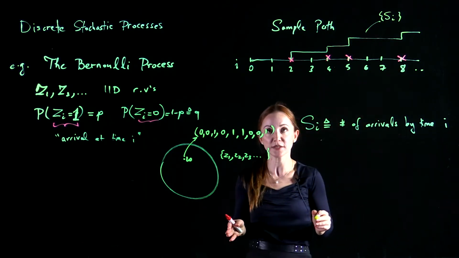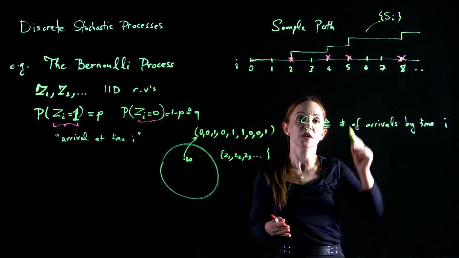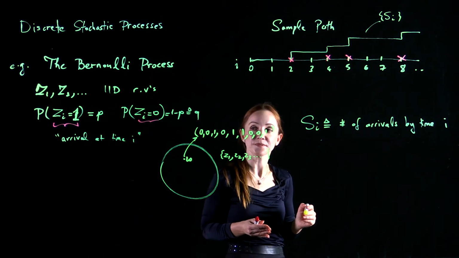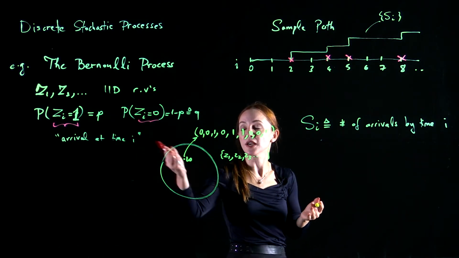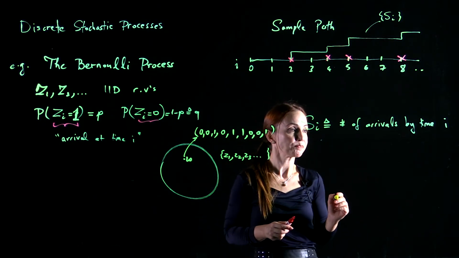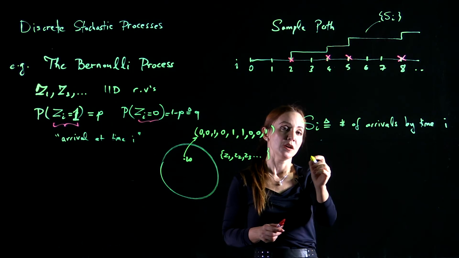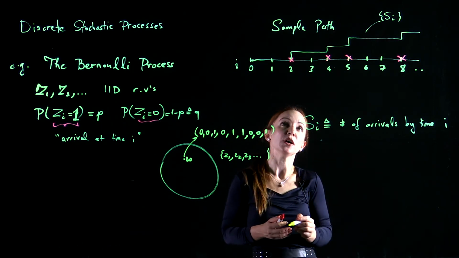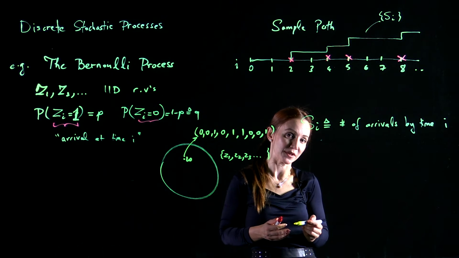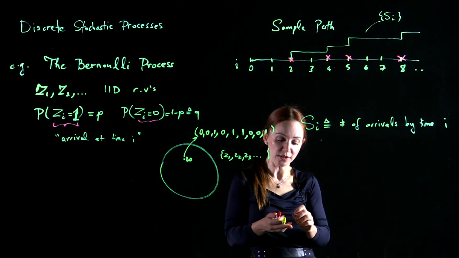The Bernoulli process can equivalently be characterized by the sequence of Si's, alternatively to the sequence of Zi's, right? So now we can also talk about the inter-arrival times in a stochastic process.